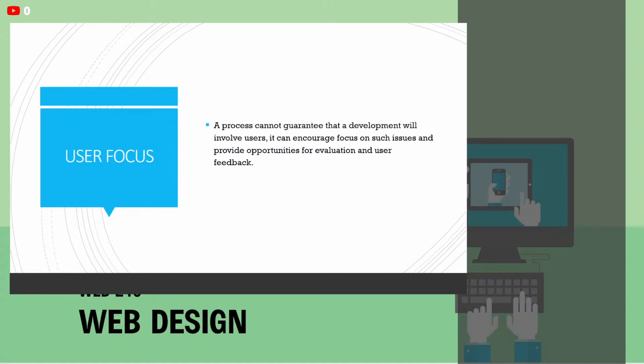But they still need to be considered. And if you can find opportunities to bring users in and do some of the things that we've talked about before, like A/B testing or focus grouping and surveying and things like that, then you should be doing that if at all possible.